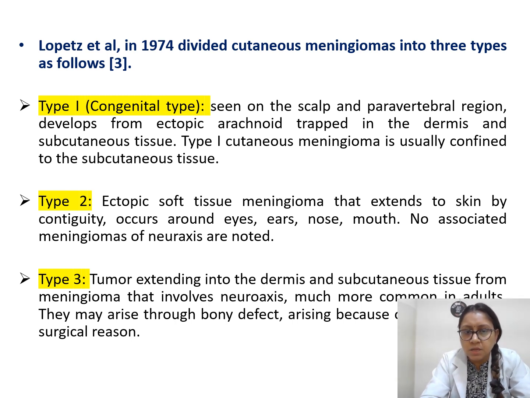Studies have shown this has a better prognosis compared to type 2 or type 3 meningiomas. Then type 2 cutaneous meningioma is an ectopic soft tissue meningioma which extends to the skin surface, or it can be seen around your eyes, ears, nose, mouth. No associated meningiomas of the neuroaxis are found in this case. So type 2 is ectopic rest, you can say.